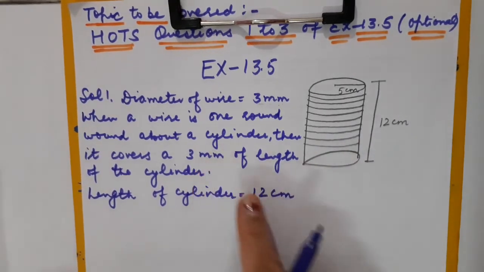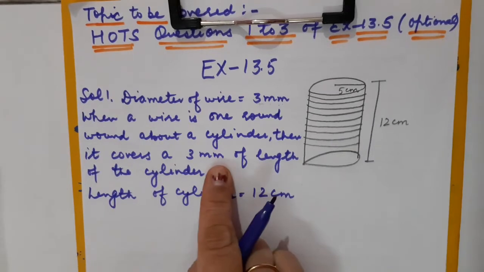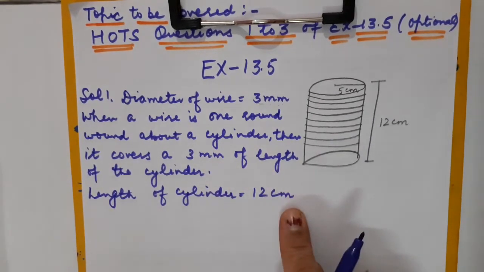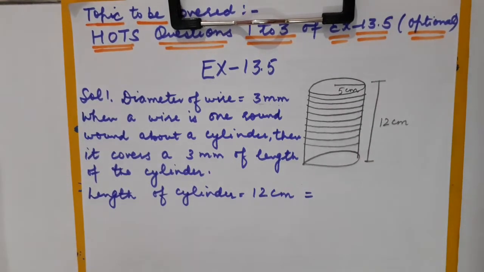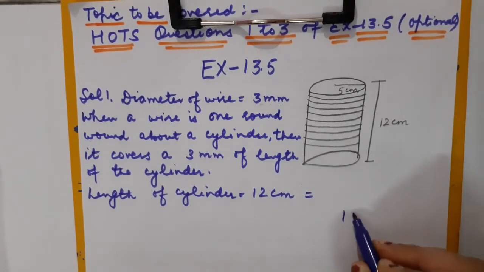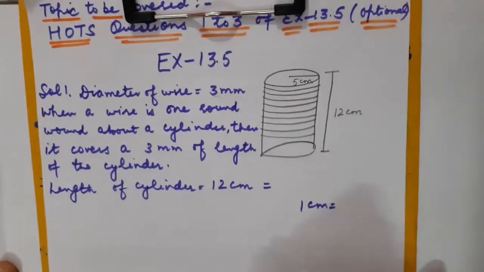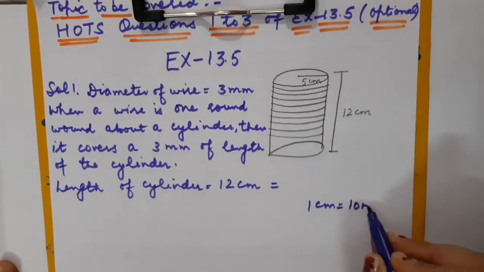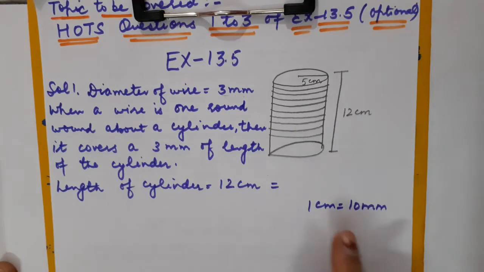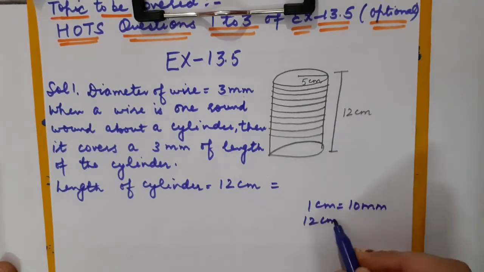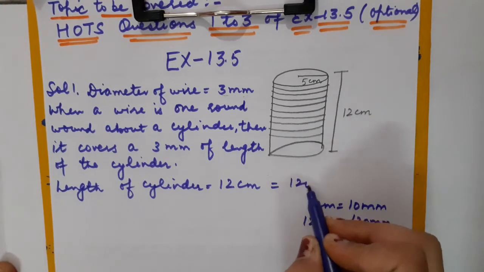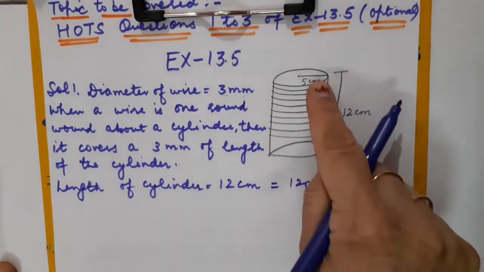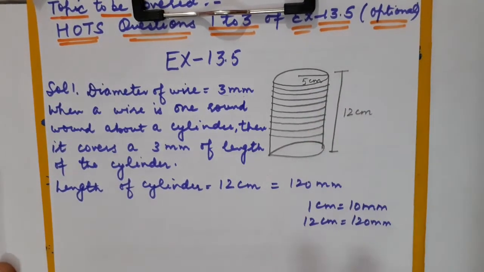So children, as you know, the wire diameter is given in millimeters and the length of the cylinder is given in centimeters. So let us convert it into millimeters first. As we know that 1 centimeter is equal to 10 millimeters. So 12 centimeter will definitely be equal to 120 mm, right? Means the length of the cylinder has been converted into millimeters.